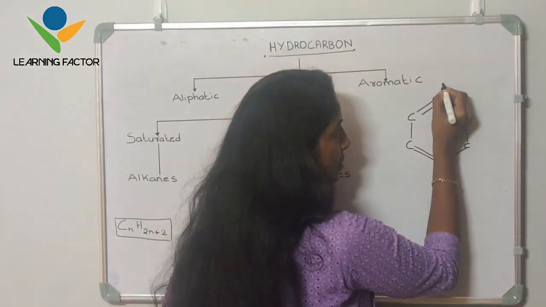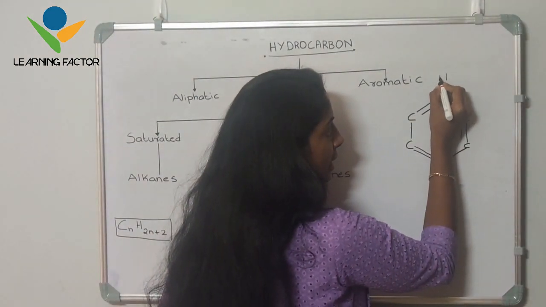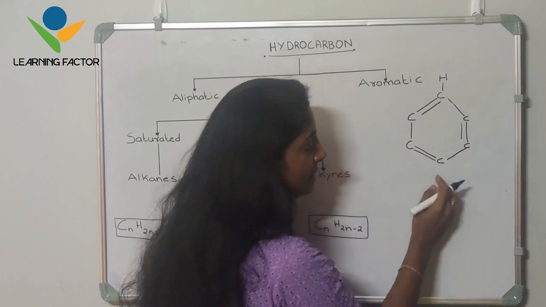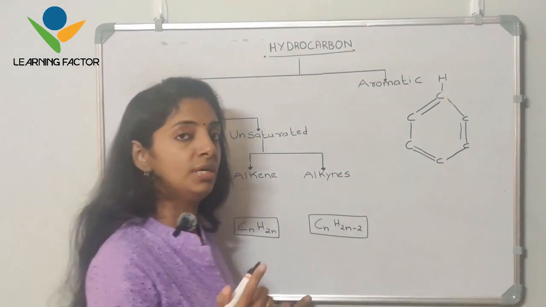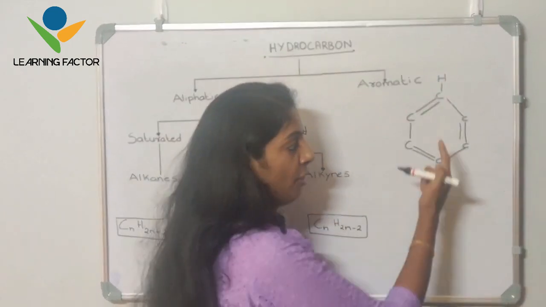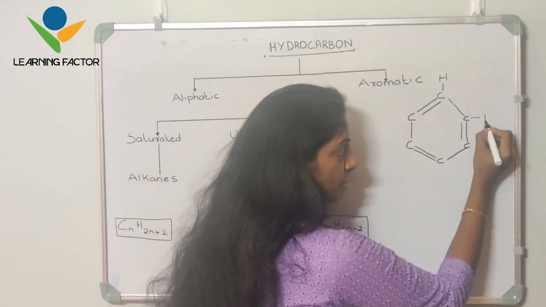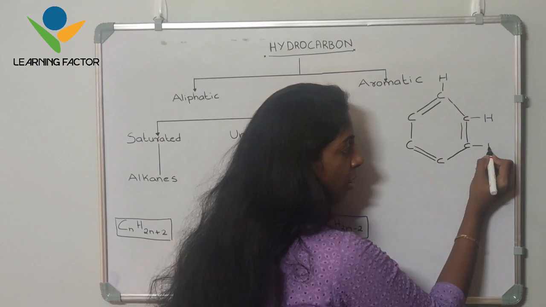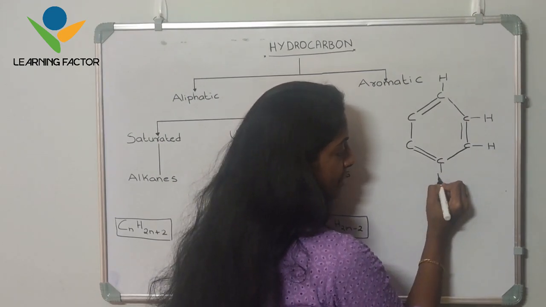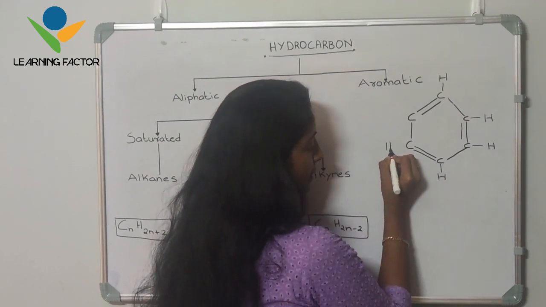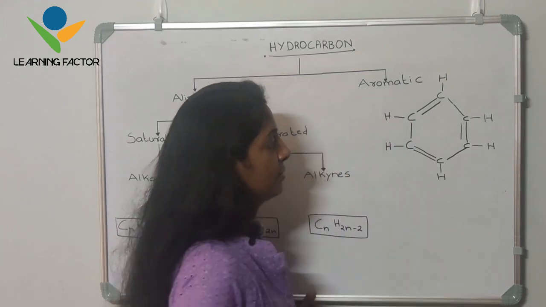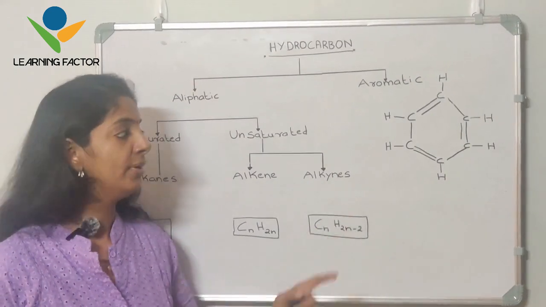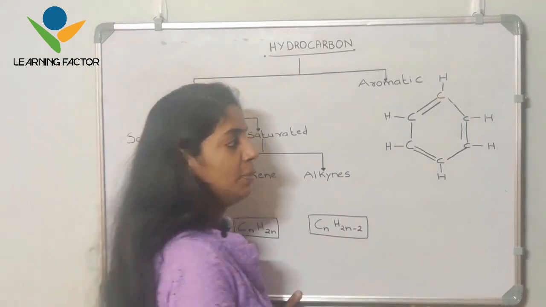In the same way, all the 6 carbons have 3 bonds around them, so each needs one more hydrogen. So you need to add a hydrogen to every carbon.